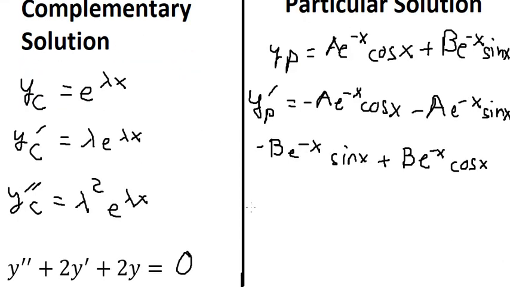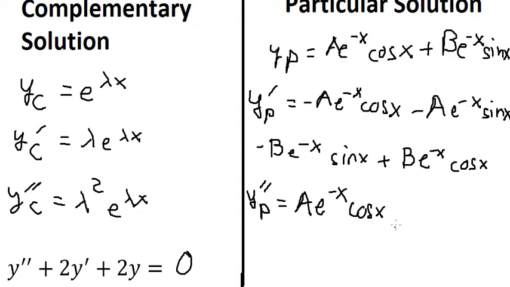Now, if we do the second derivative, we do the first derivative of this one, and you get a e to the power of negative s, because negative with negative gives positive. Then we do the first derivative of cosine s, and we have negative sine s.